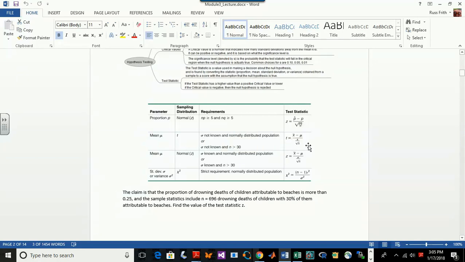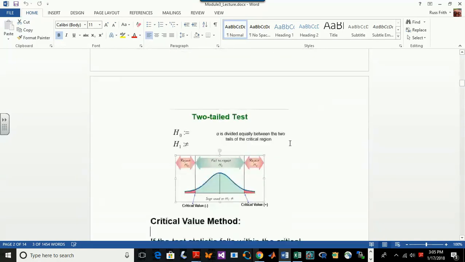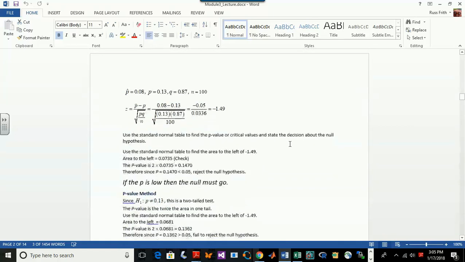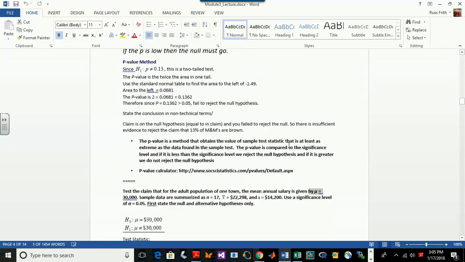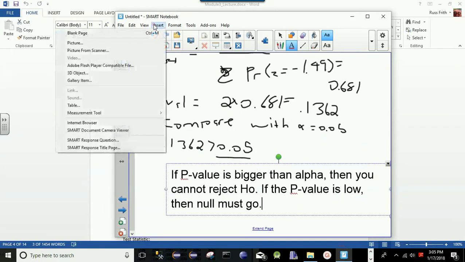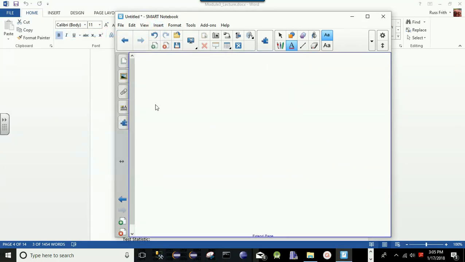All right, so the T statistic is here. What is the question asking? It says to calculate the test statistic. In this case, T is equal to x bar minus mu over s over the square root of n.